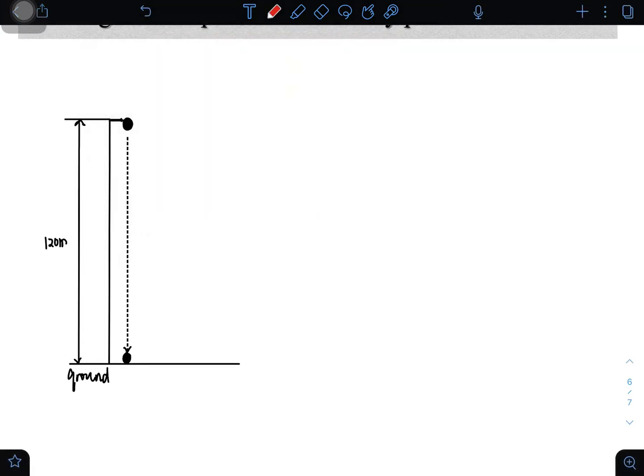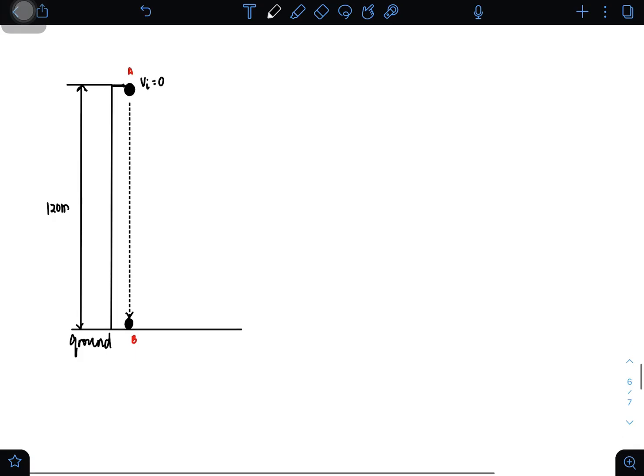So this is point A and point B. At point A, since the elevator breaks, there is a free fall of the elevator. Therefore, the initial velocity is 0 because of free fall. It's not being thrown, it's not even charged to certain force, so it is just a free fall.